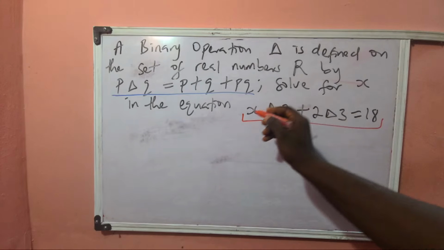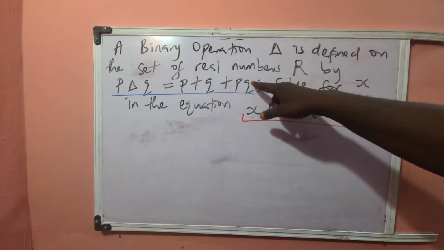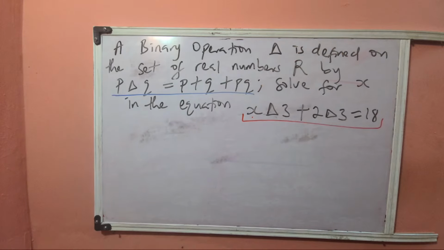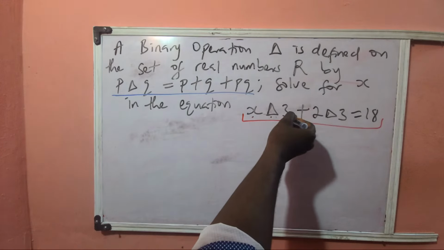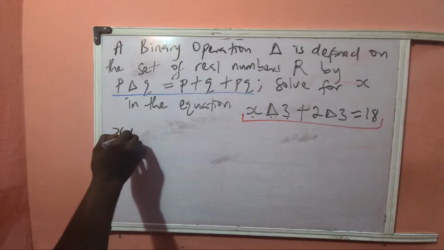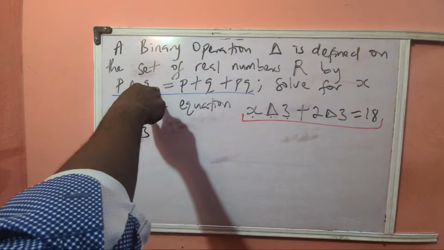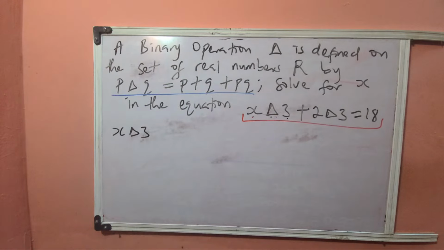Don't forget, you can see x right here. And don't forget again, this is the binary operation we're using, and this is what our binary operation is defined on. Obviously, this tells you already that for x binary operation 3, we have to revert back to this particular function, because this is the rule that the binary operation follows.